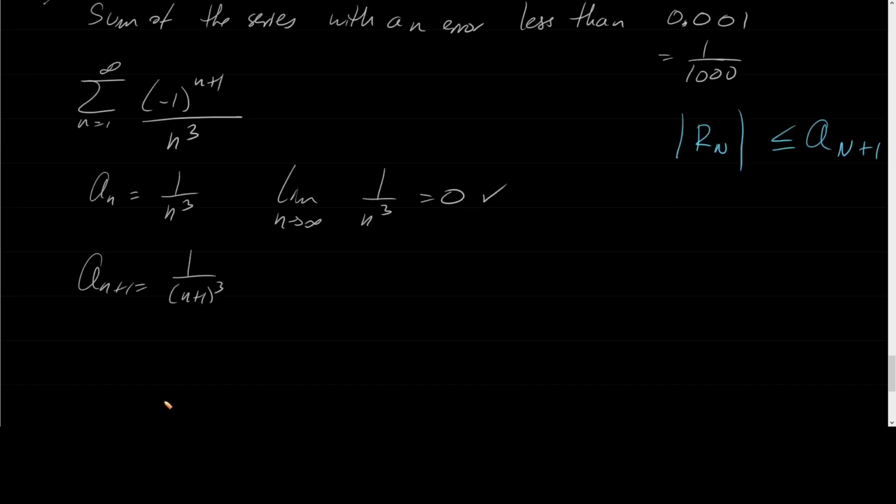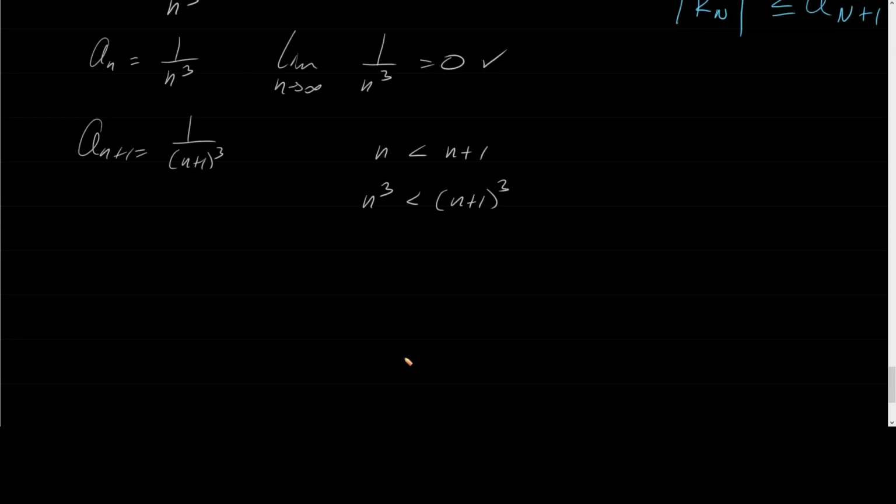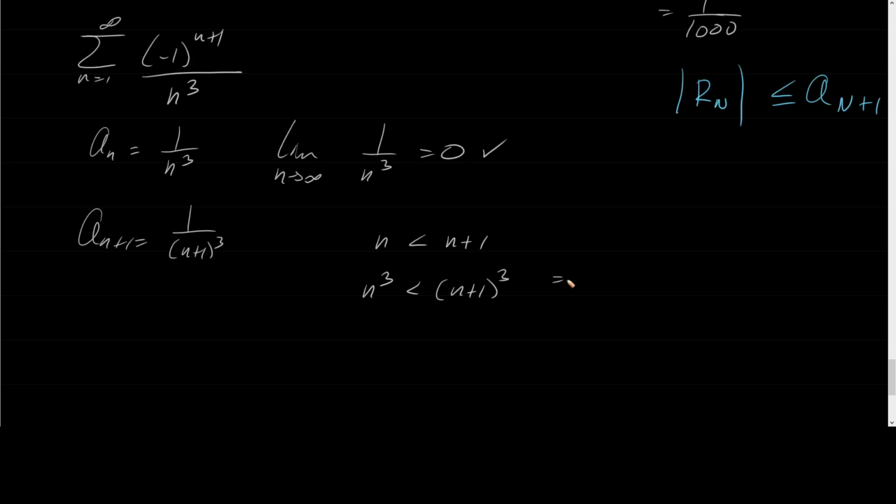And clearly here, if I start with n, n is clearly less than n plus 1, which tells us that n cubed is definitely less than n plus 1 cubed, which if I do a cross division here, gives me that 1 over n plus 1 cubed is less than 1 over n cubed, which is good. So we have that the limit of the sequence goes to 0, and the sequence itself is a decreasing sequence. Good. So we know that it's convergent, right?